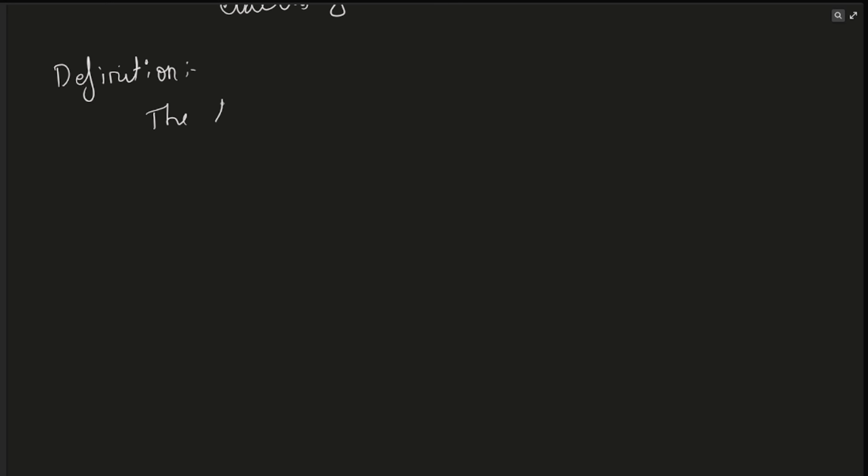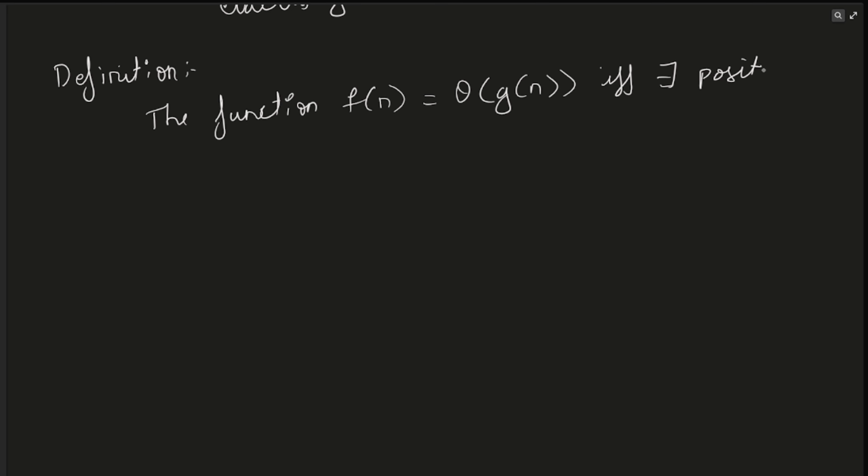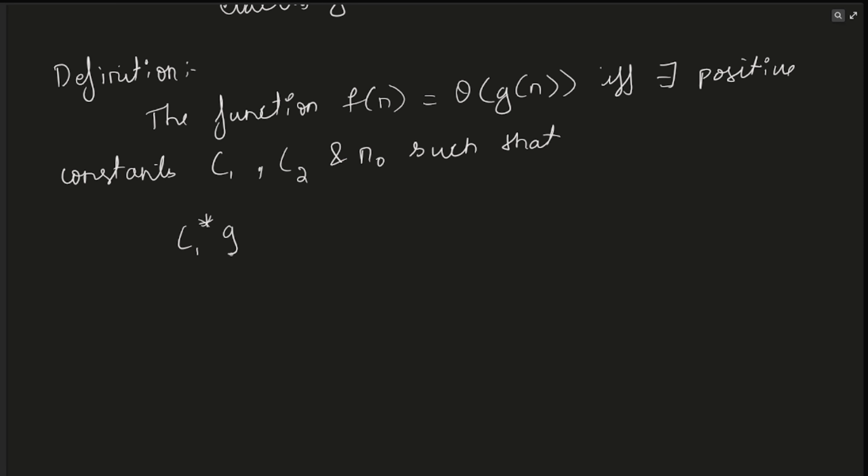The function f of n is said to be theta of g of n if and only if there exist positive constants c1, c2 and n naught such that c1 into g of n is less than or equal to f of n, which is again less than or equal to c2 into g of n.